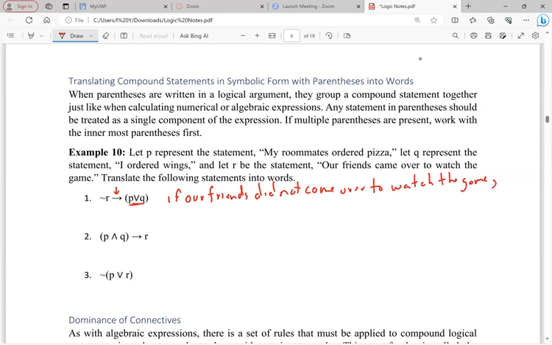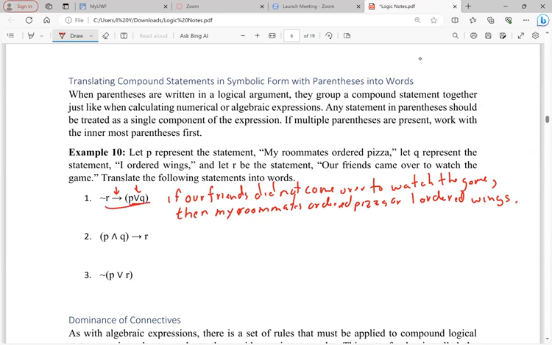So that's saying that's one thing, what's coming after the comma is the other. Then we have our then for the if then. And then we have P, my roommates ordered pizza. And we have our or, Q, I ordered wings.